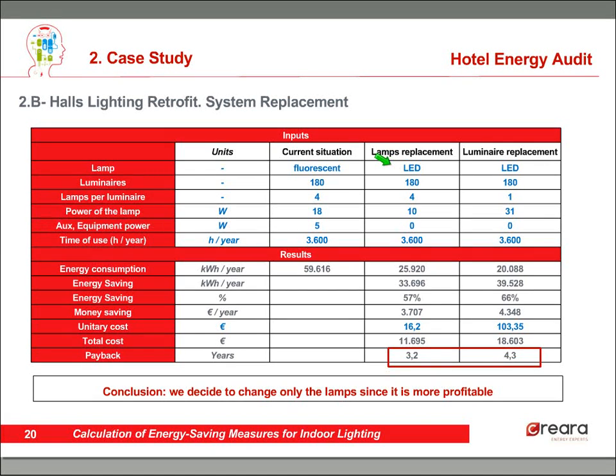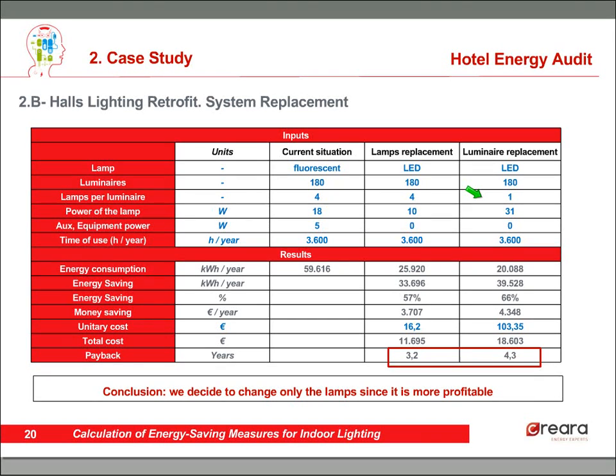We have 180 luminaires. Currently, we have 4 lamps per luminaire, and if we change the lamp, the first alternative, we maintain 4 lamps per luminaire, but if we change the luminaire, we only have one LED panel, so we have only 1 lamp per luminaire.